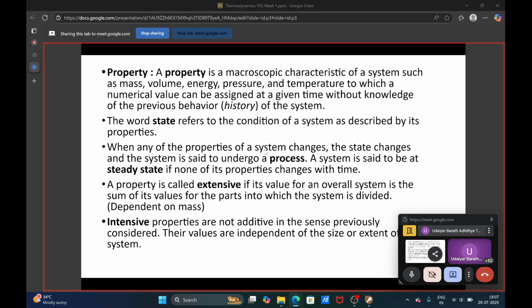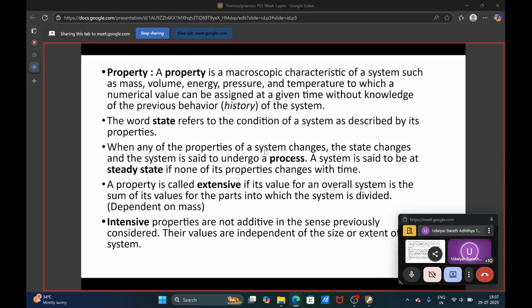Again, property can be of two types. One is called an extensive property, and the second is called an intensive property. How do you differentiate between these two? Intensive is independent of mass, and extensive is dependent on mass. But how exactly will you differentiate?